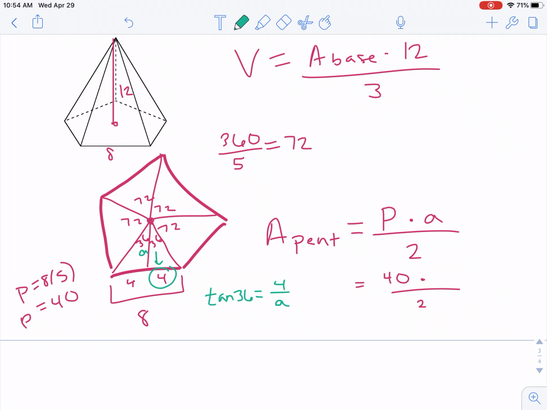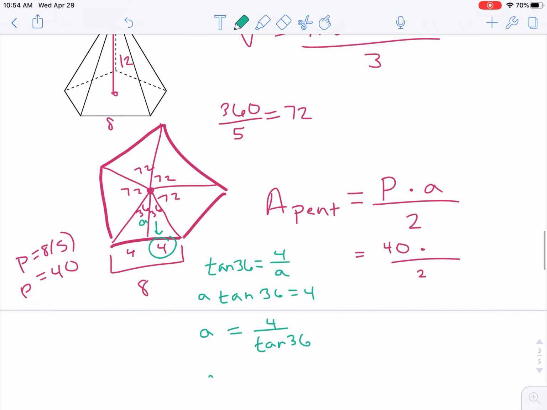Tangent is opposite over adjacent. Okay, and then I'm going to have to solve by multiplying by the apothem and then dividing. 4 divided by tangent of 36.